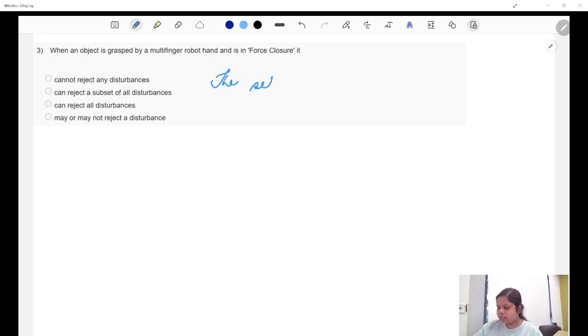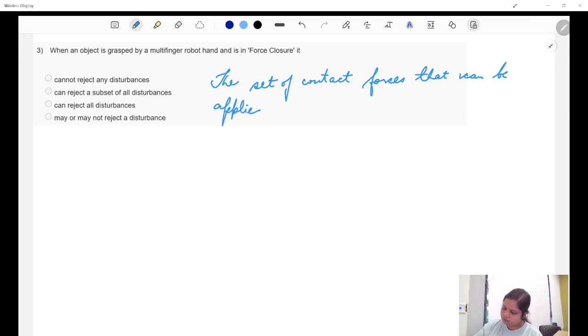So this is basically the set of contact forces that can be applied by the fingers, okay, by the fingers that are holding an object.